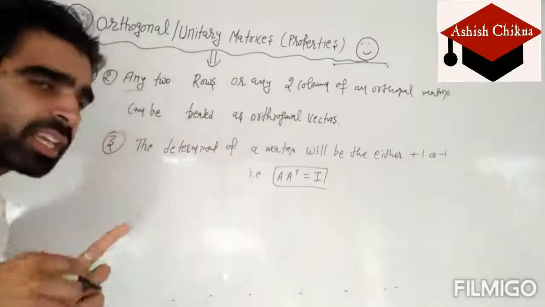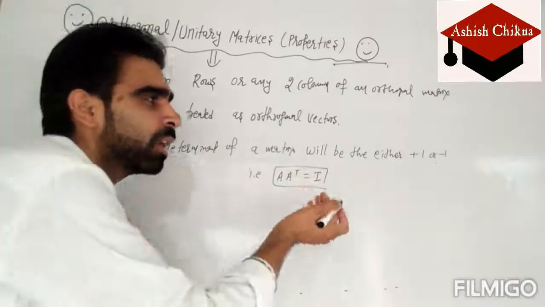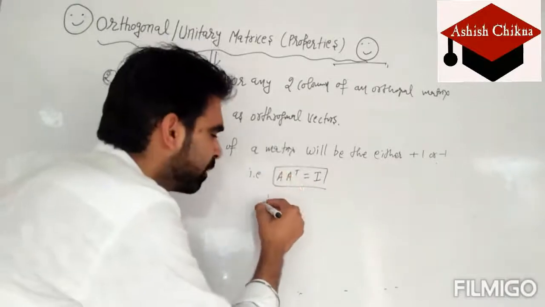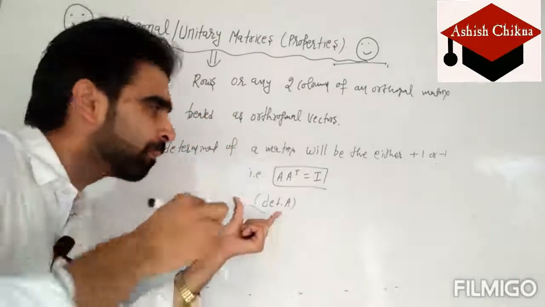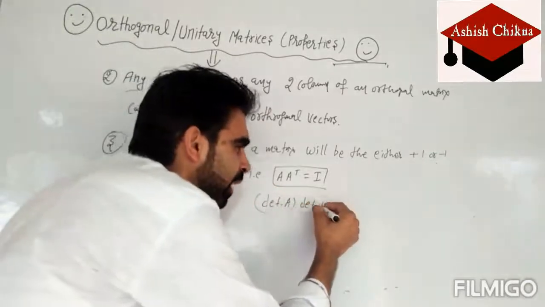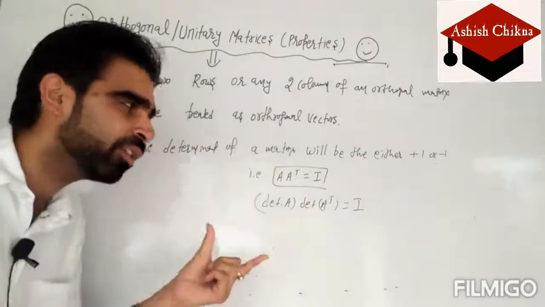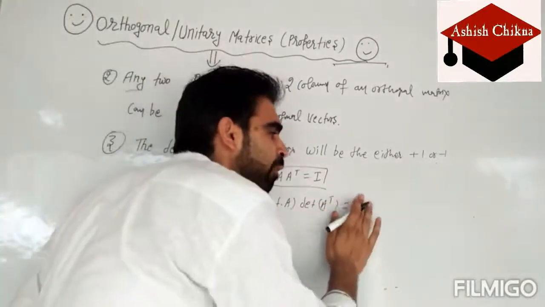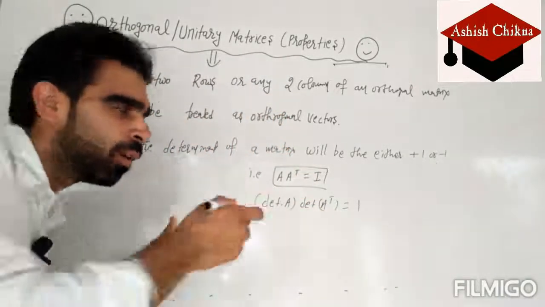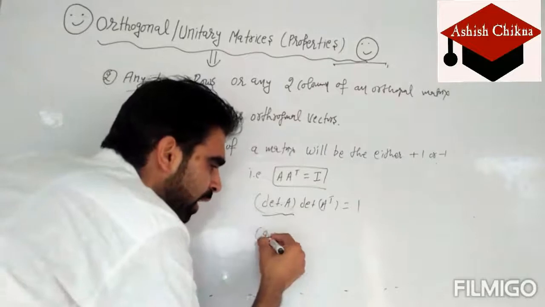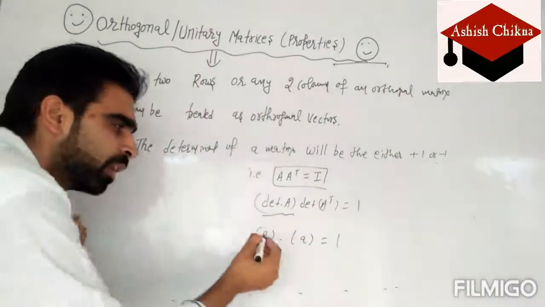Then determinant of A transpose A is equal to determinant of I, which is 1. So determinant of A times determinant of A is equal to 1.